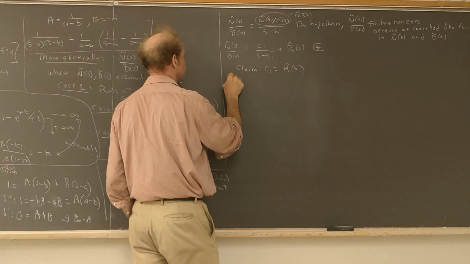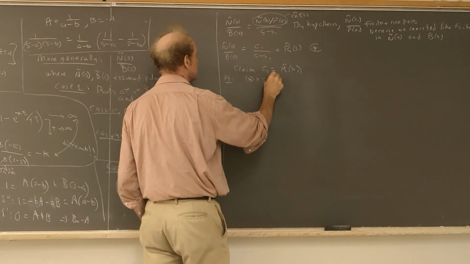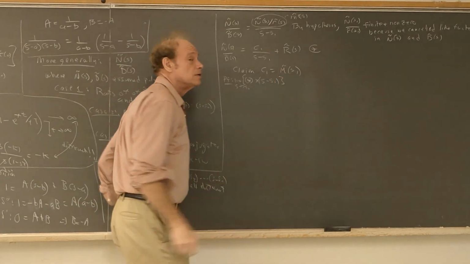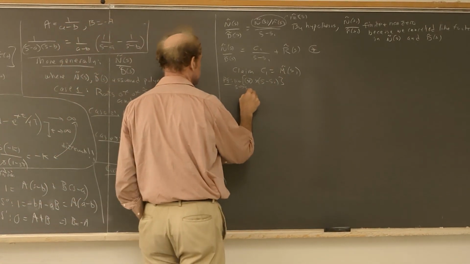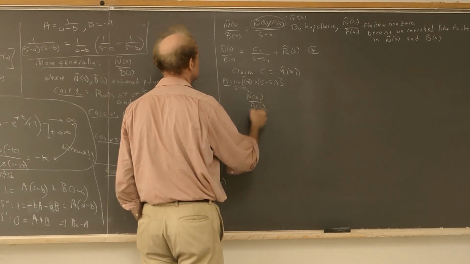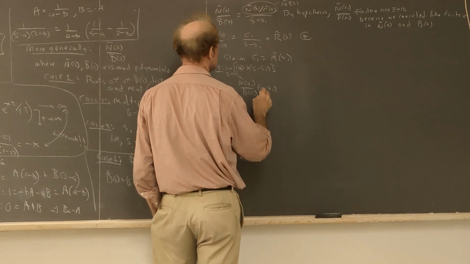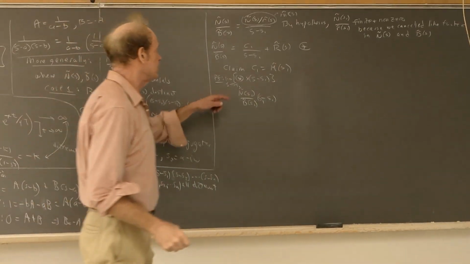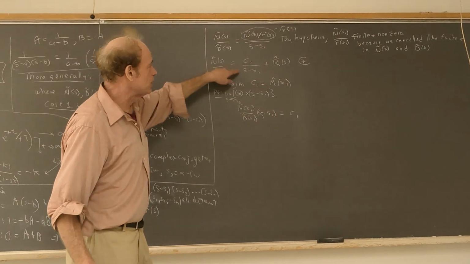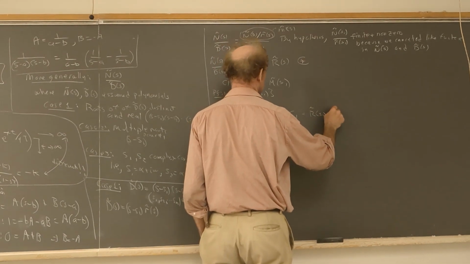So, prove. Let's take star and multiply by s minus s1. And then we'll take the limit as s goes to s1. So if I multiply by s minus s1, I have n tilde of s over d tilde of s times s minus s1 is equal to c1 times s minus s1, plus r tilde of s times s minus s1.